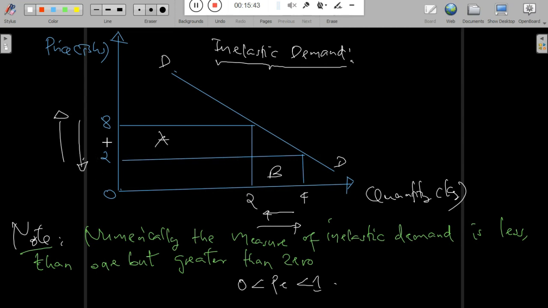And something to note under this inelastic demand is that numerically, the measure of inelastic demand is less than 1 but greater than 0. So 0 is less than price elasticity of demand, and price elasticity of demand is less than 1, as you can observe.